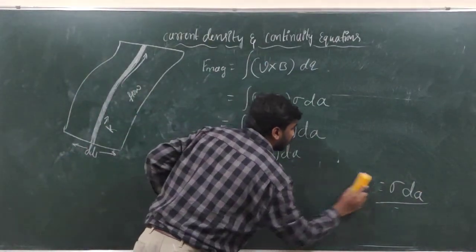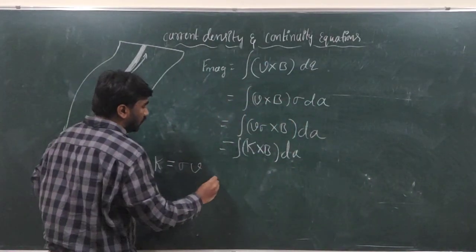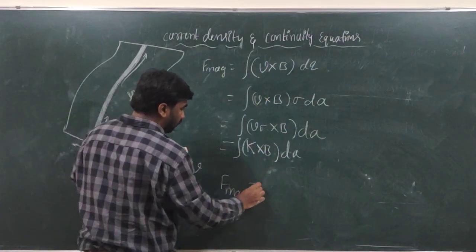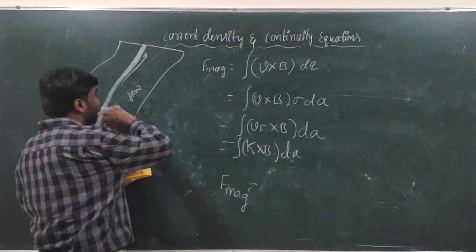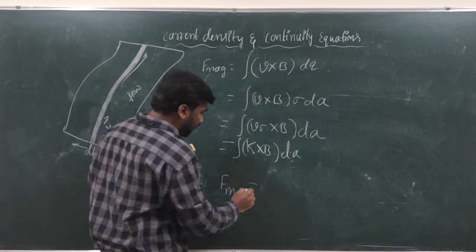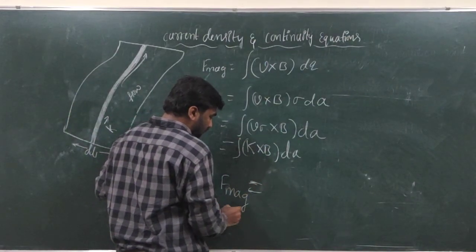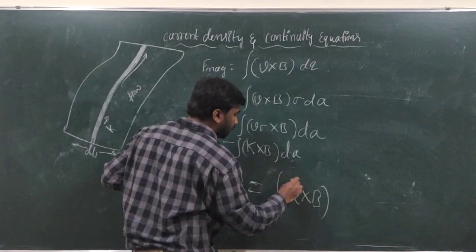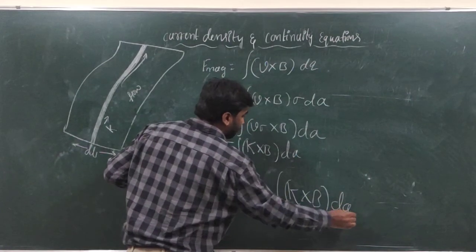Therefore the total magnetic force on the surface current density is F magnetic is equal to the integration of K cross B into dA.